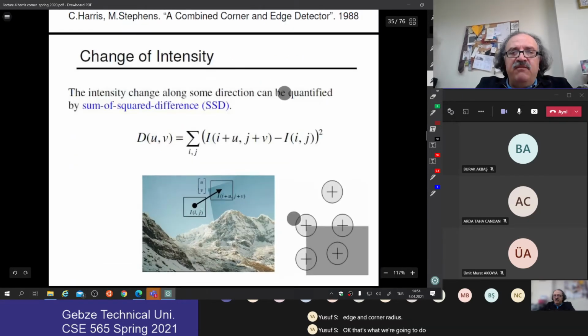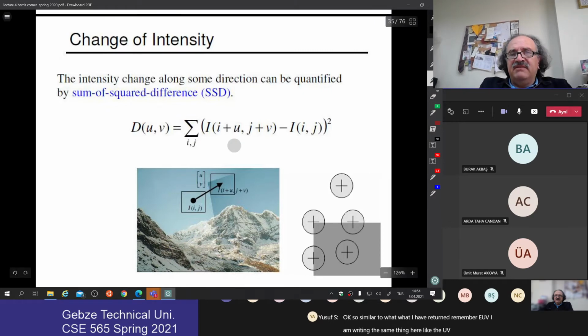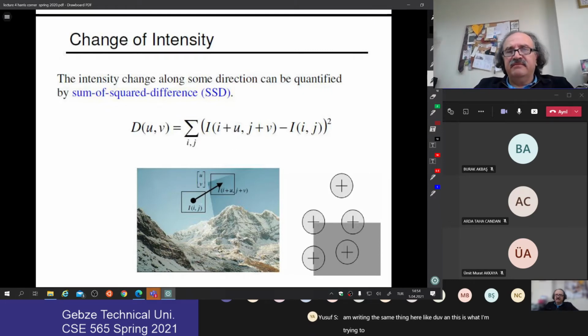If we do that, we would be successful in finding the distinctive points. Similar to what I have written, remember E(u,v), I am writing the same thing here, and this is what I am trying to calculate. For a given (u,v) direction, I would like to find the difference between this image and this image.